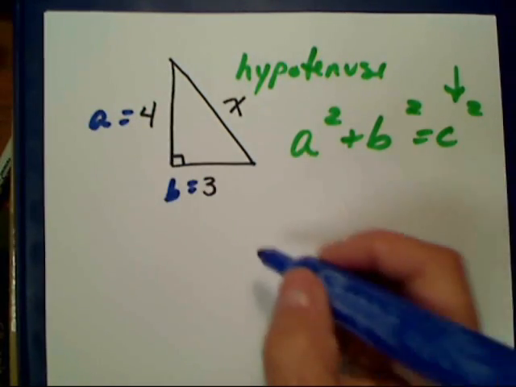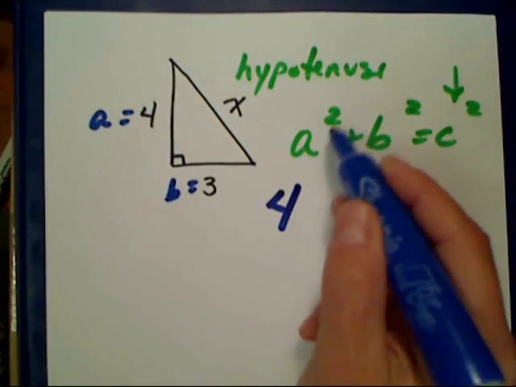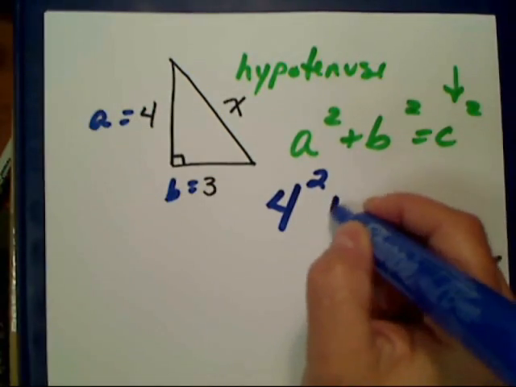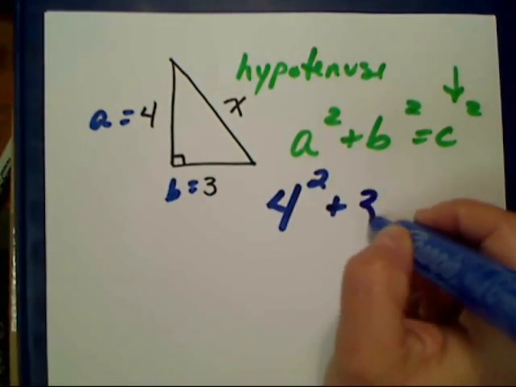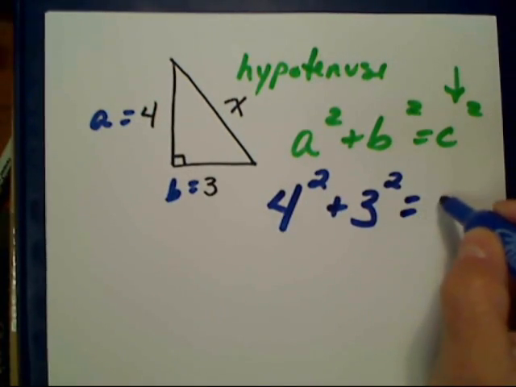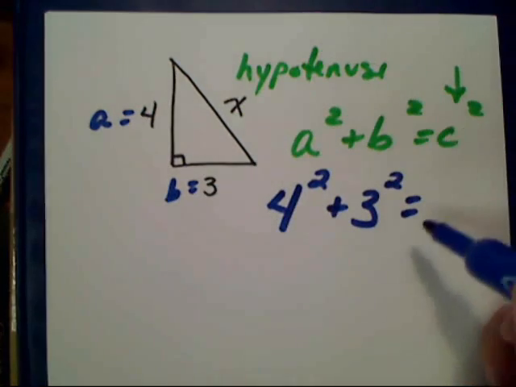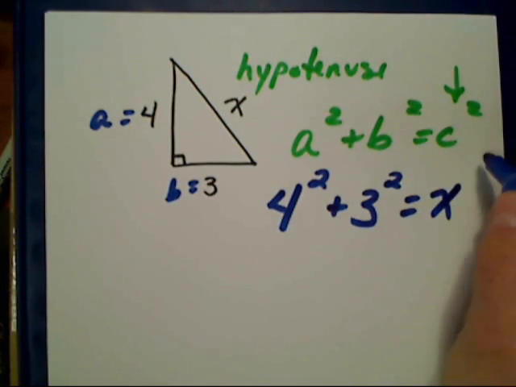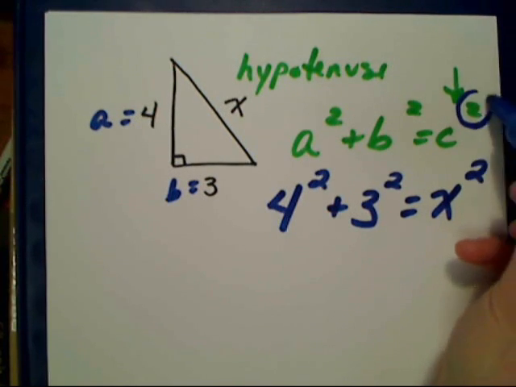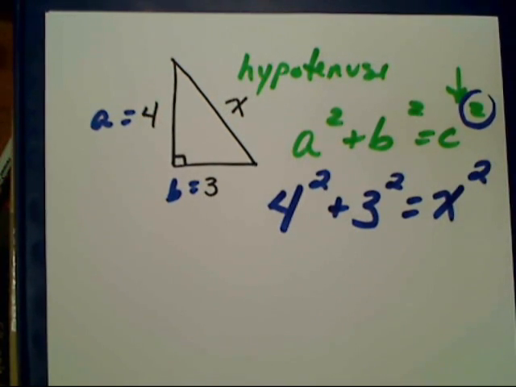A is 4. Now the formula says to square that, so I have to put a square on that. Then we add, b is 3, and there's a square on that. And then that's going to be equal to, well, since I wrote an x over here, we'll replace the c with x. But that x, remember, is still squared. That's still part of the formula.